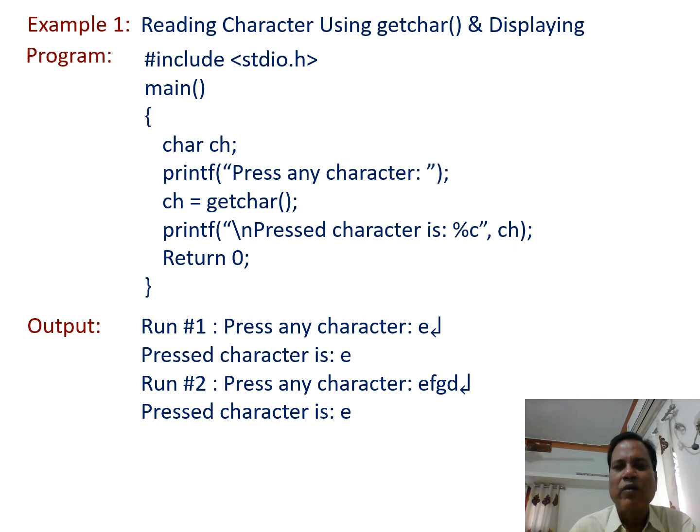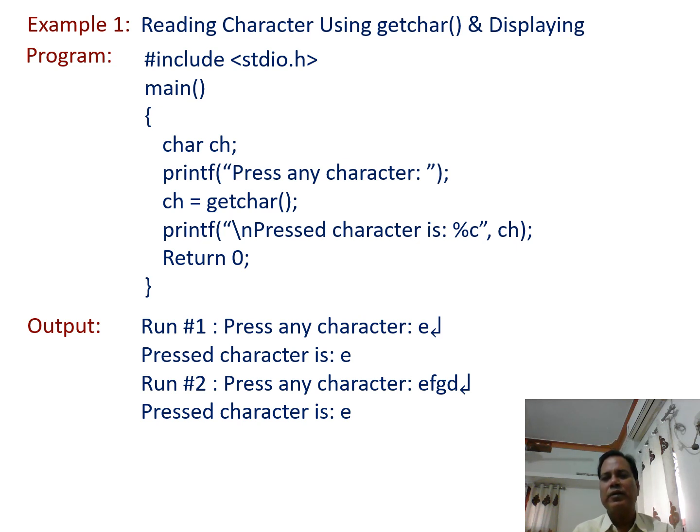When we run this program a second time, just to show that if we press a number of characters simultaneously and press the enter key, only the first character is read and stored in the program. So in this example, E, F, G, H we are pressing and then we press the enter key. And when the enter key is pressed, not all the characters are displayed, only the E character is displayed.